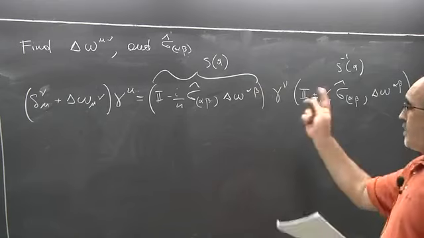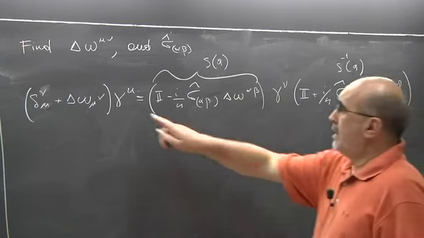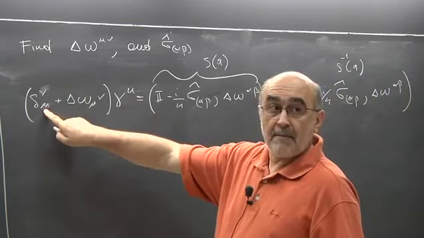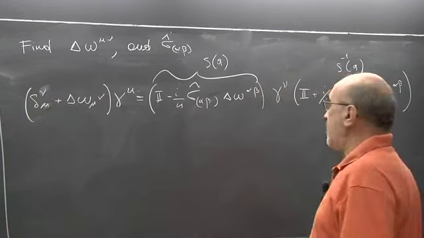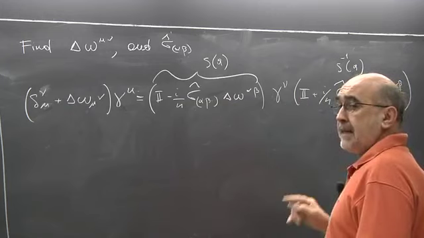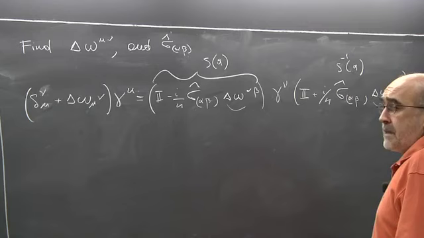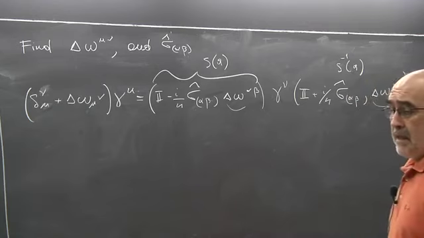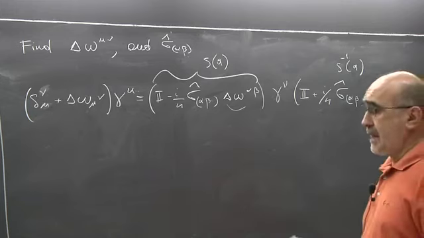Now, let's do the product. First of all, there is a term, gamma mu times this gives me gamma nu. This times this gives me gamma nu, and they cancel. Then on the right-hand side, I neglect the things that are second order in delta omega, because they are small.